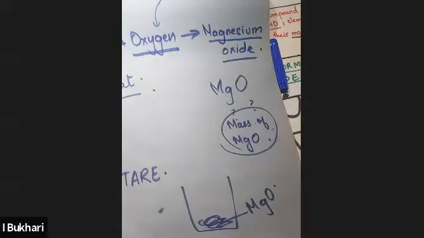Because of the concentration. Like the surface area of magnesium is covered all with oxygen, so there's no more space for more oxygen to bond with magnesium. Okay.